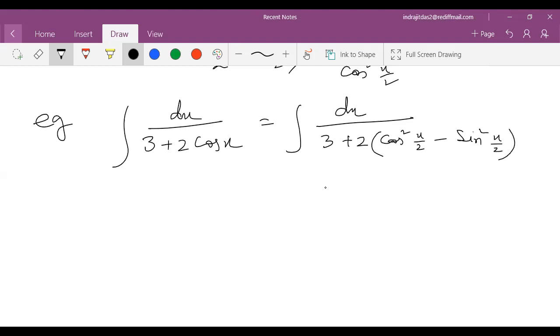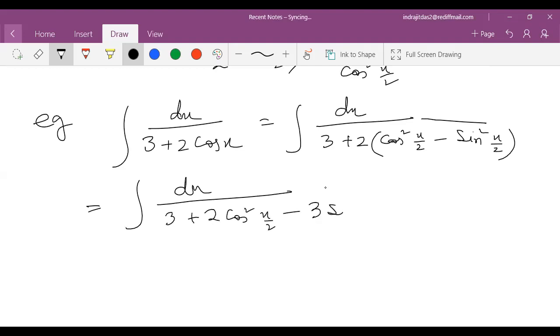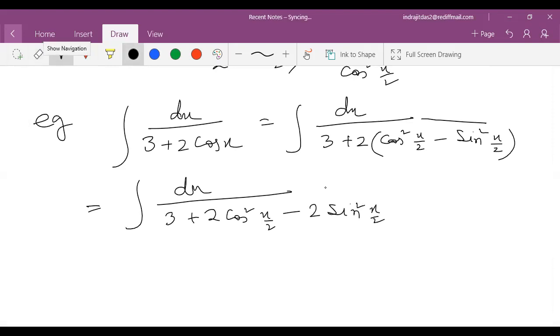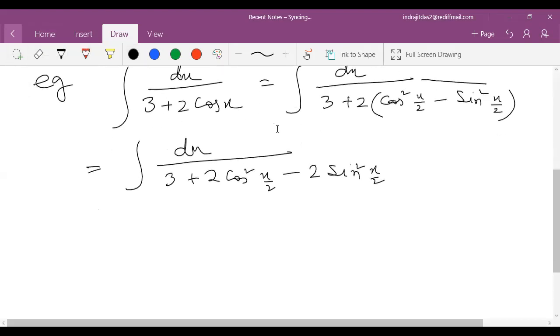That means instead of cos x, we are writing the submultiple formula. Now, dx by 3 plus 2 cos square x by 2 minus 2 sin square x by 2. Sorry, it should be 2 sin square x by 2.